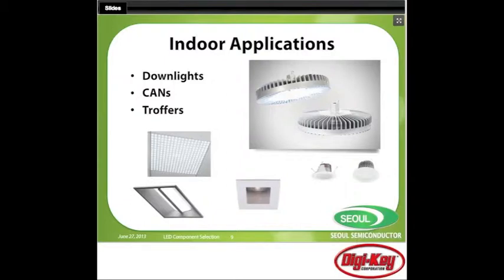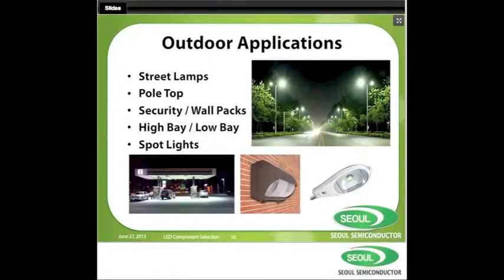So here's some downlights on the right-hand side. There's some cans on the lower right. There's some troffers. So some of them are small form factor with glow-on light. Troffers, you have a lot of room to play with, so you can really spread those LEDs out. Here's some outdoor applications. So we have street lights. Obviously, everybody's probably very familiar with those.